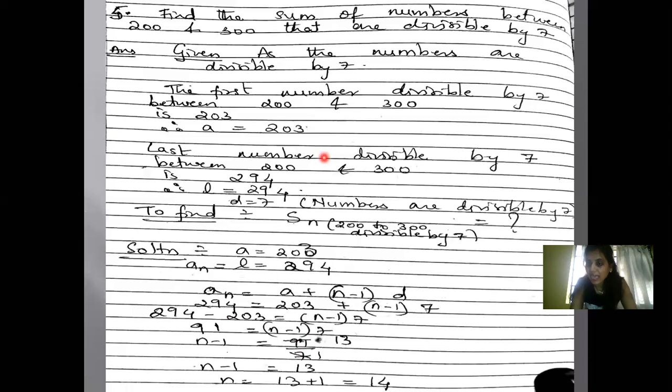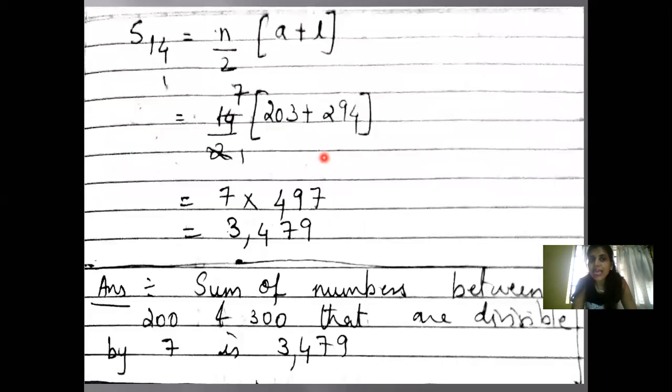That is our an or l. Now we want to find the value of n first. So we substitute in the formula an is equal to a plus n minus 1 d. We get the value of n, and then by substituting the value of n in Sn, we get the value for Sn. So S14 is equal to n upon 2, where n is there we will write 14, and we substitute the a and l values and get the answer.